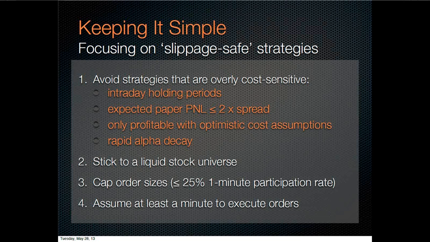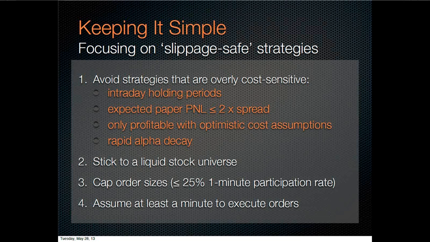So you avoid an investment strategy that has intraday holding periods or has expected paper P&L that's less than 2 times the spread, or strategies that are only profitable under very optimistic cost assumptions. Like I'm always going to be executing on the bid side or very close to the bid side if I'm buying and things like that.